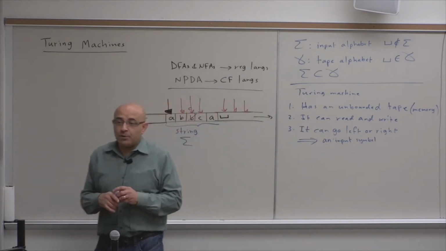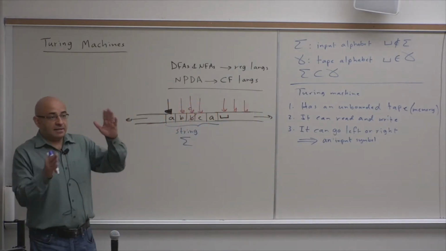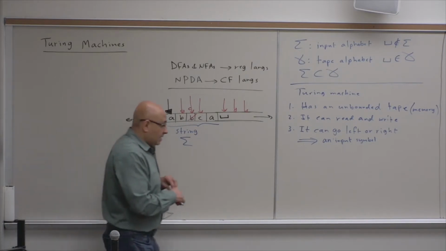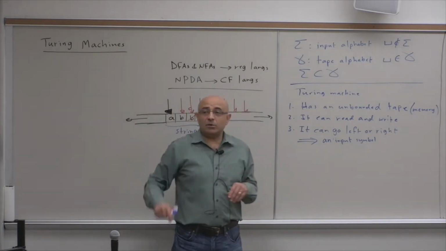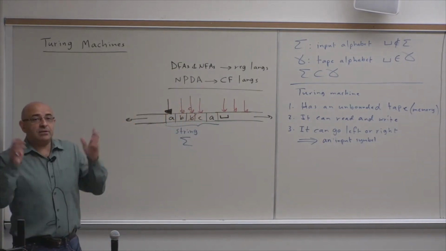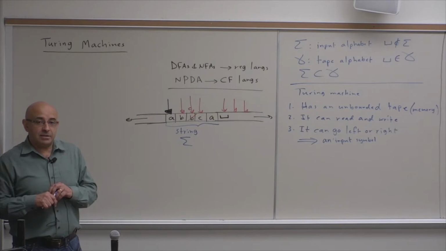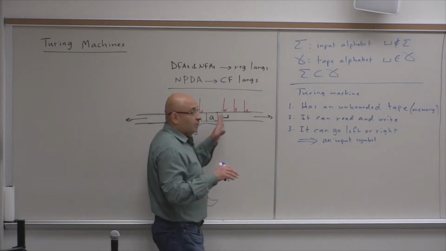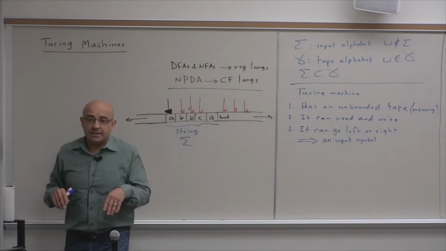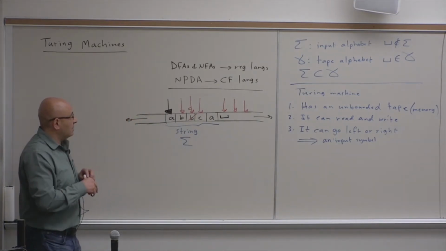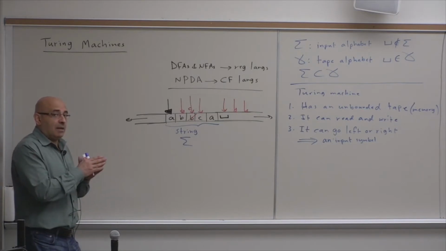Your computer program reads a certain input. There is an input to your program, but your program also writes, and it can generate all kinds of data structures in memory. So what you have in memory at any given point can greatly exceed what you have at the input.